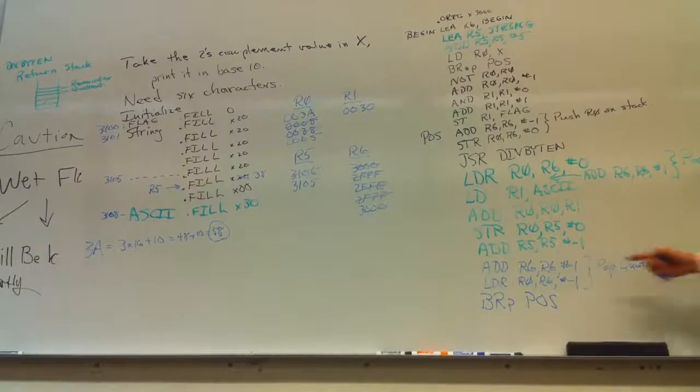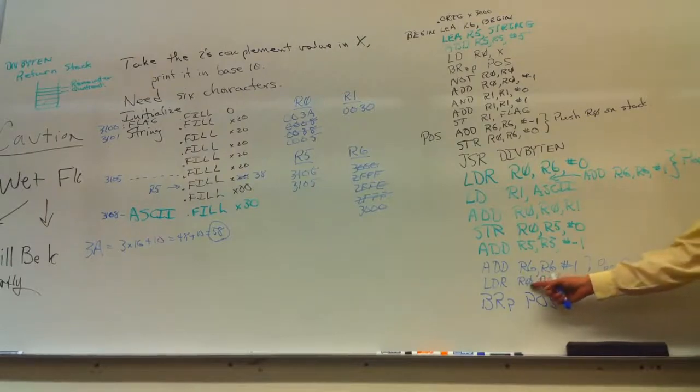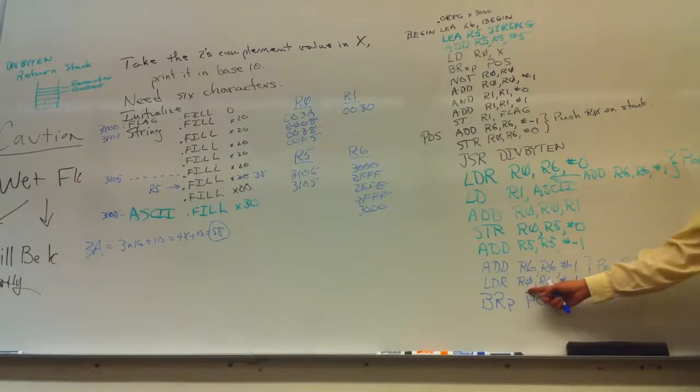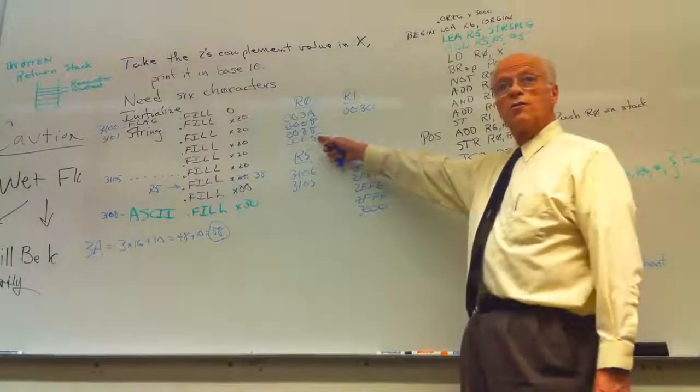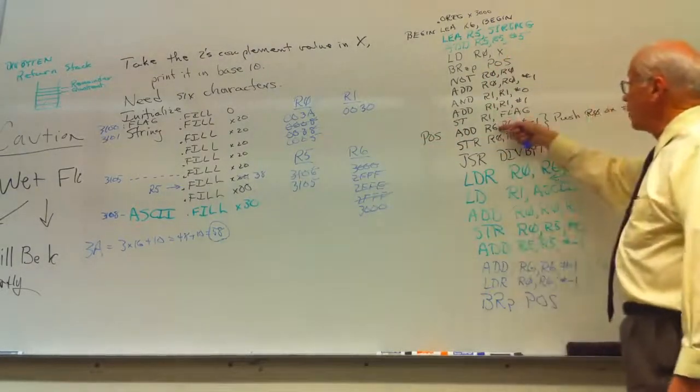Okay, so the last thing I do is that load relative, which will set the condition codes based on the value that's loaded. So it's what goes into register 0. In this case, it's positive. So I go back up here.